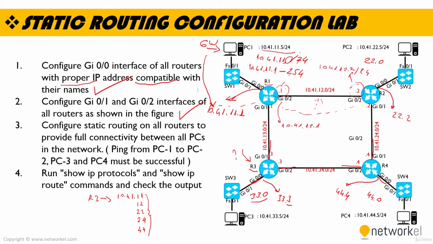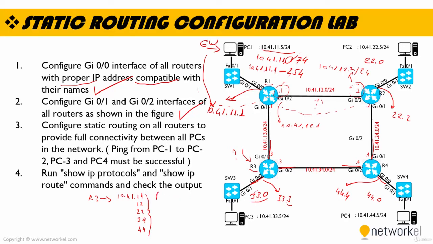Let's take a look at what we have for router 1 also. For router 1, I need to use the static IP configuration for these networks.